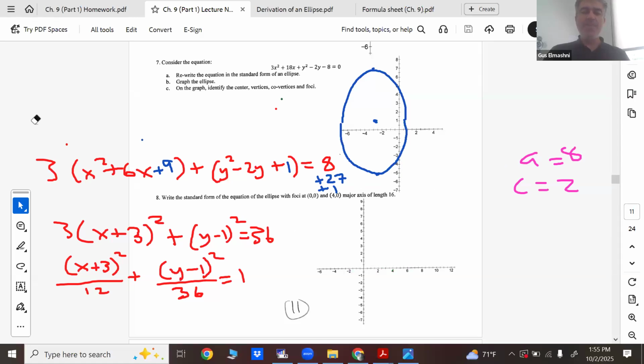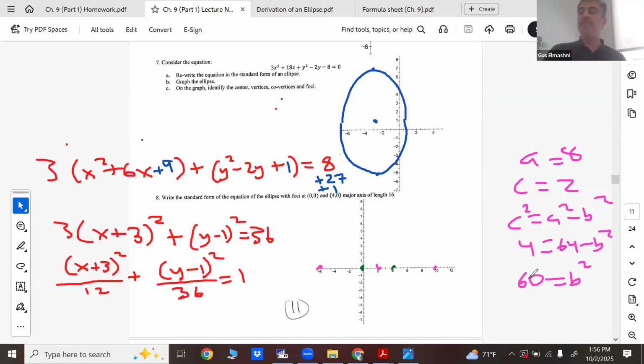Okay, I need to slow down. My foci here, right? So where's my center? At 2, 0. Then I need to go 8 away to get that. So C squared equals A squared minus B squared. 4 equals 64 minus B squared. B squared is 60.